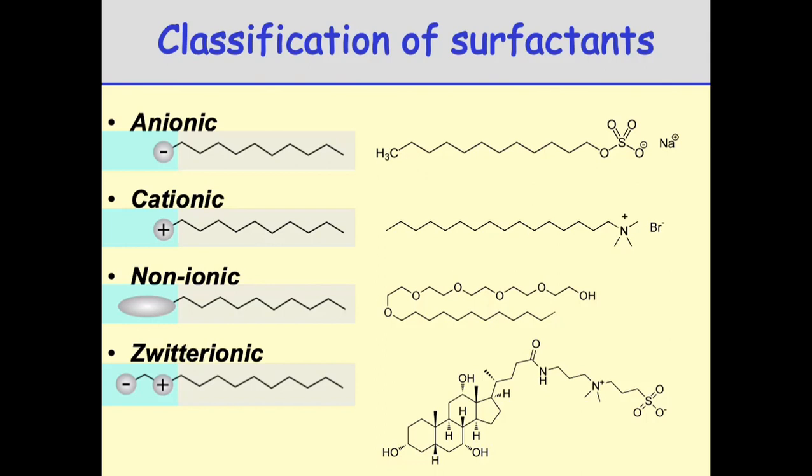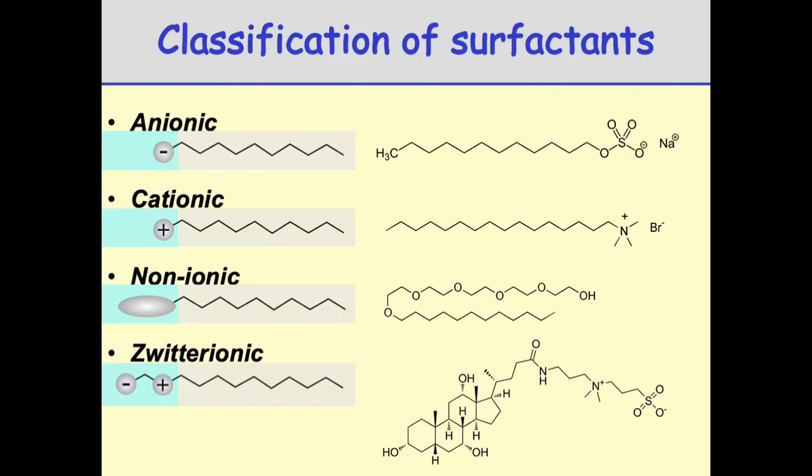So if it has a negative charge, and therefore it would have a positive counterion connected to it, such as your top example there, it will be an anionic surfactant. If it's positive charge, it's cationic. If it's polar but non-ionic, then obviously we call it non-ionic.